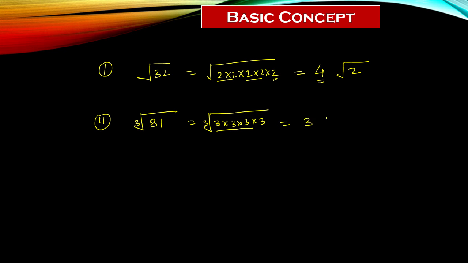So one 3 comes outside out of the one group of 3 numbers, and the cubic root of 3 remains inside. This 3 doesn't have any group, so it remains as it is inside the cubic root.